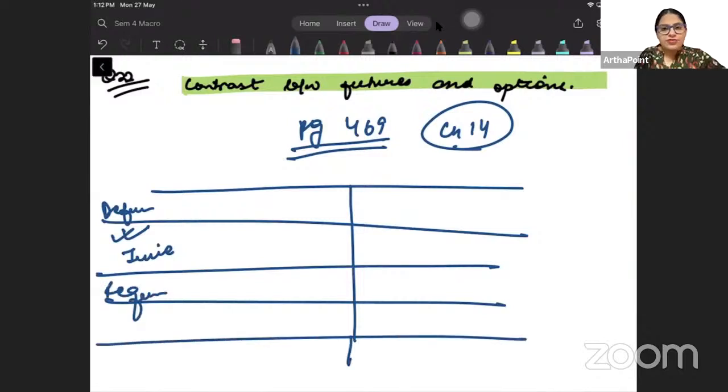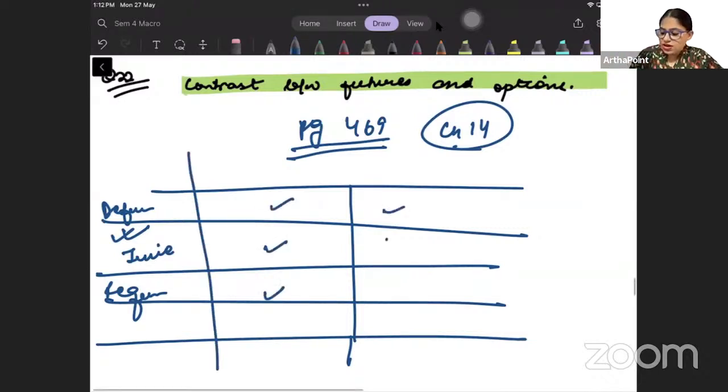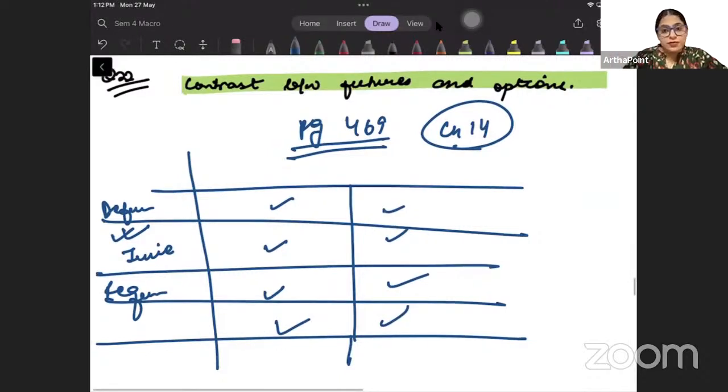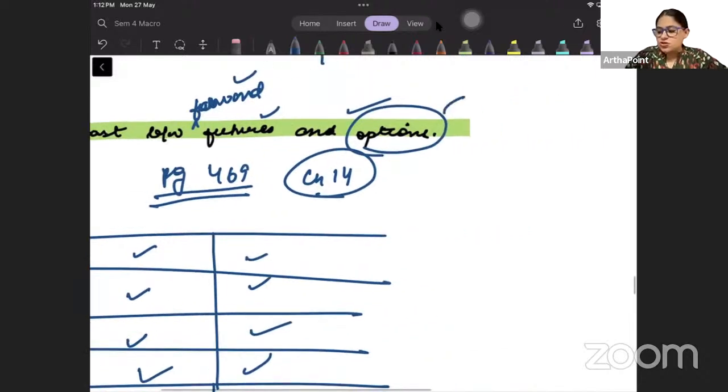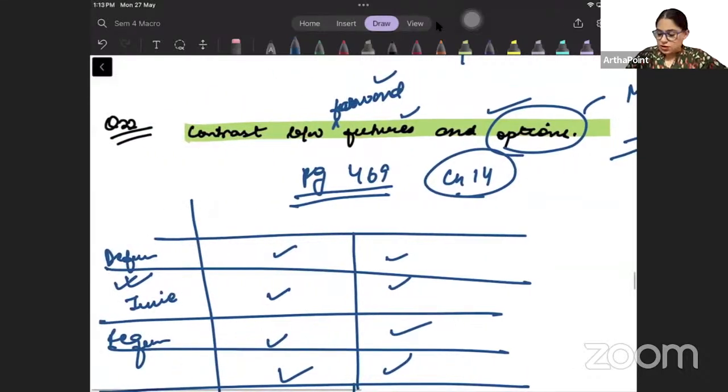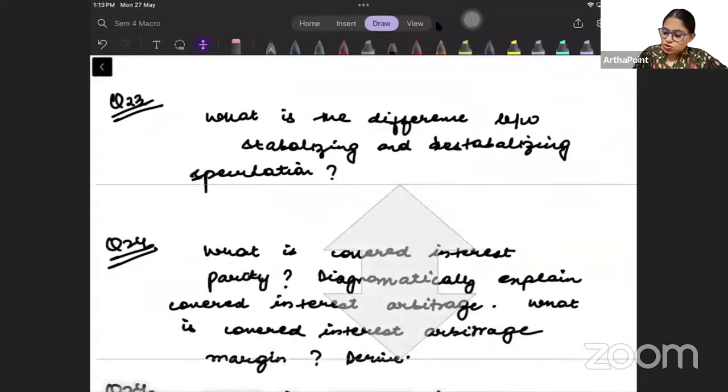And then you have to give all such points बेटा. जितना पॉसिबल पॉइंटर्स हो सकता है, कि कितने कितने टाइम के लिए they are issued, can you redeem it early या नहीं, on all those aspects you will go ahead and you will distinguish between forward and options, forward and futures. Sometimes it will ask you between forward, future and option, तो तीनों को explain करना है. That in option there are two kinds of options like put option, call option, ये भी चीज को you will go ahead and explain.